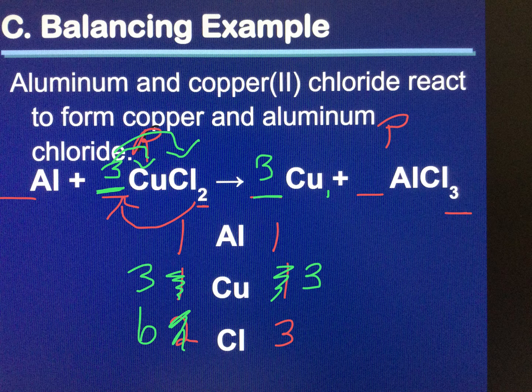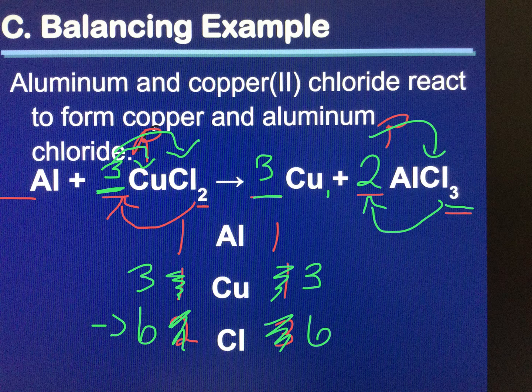Very good. Okay, now here I have 3 chlorine, so 3 times what would give me that 6? Yep, you put a 2 here, and that gives me 6 chlorines, because 2 times 3 is 6, but that also changes aluminum, right? 2 times 1 gives me how many aluminums? 2, very good. So what do I need over here? 2, very good.